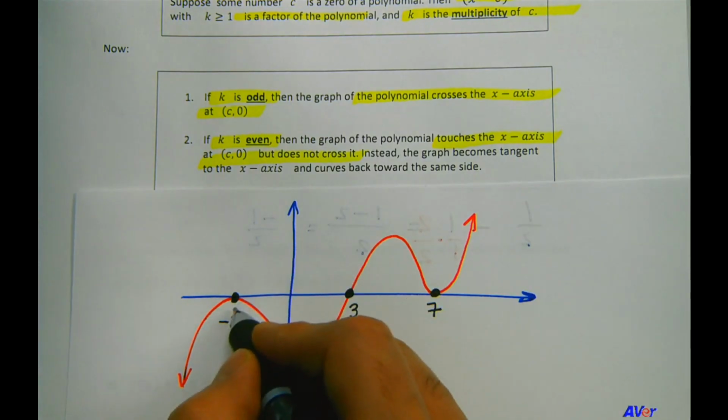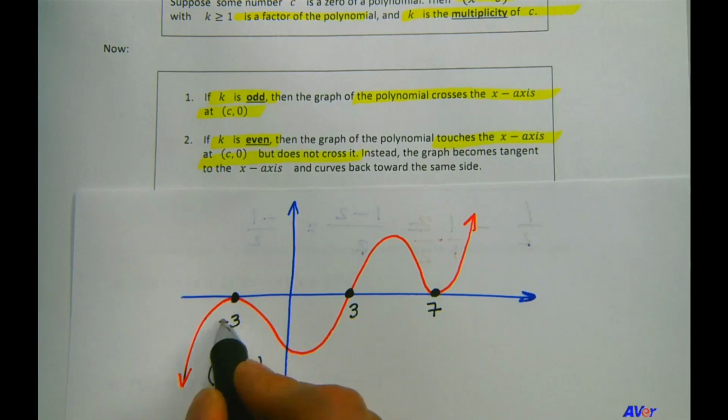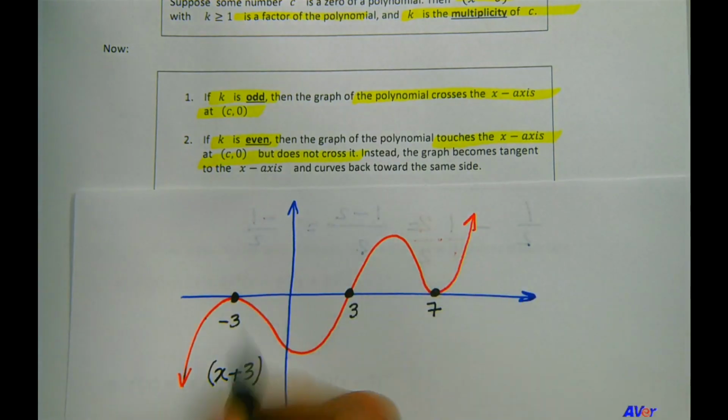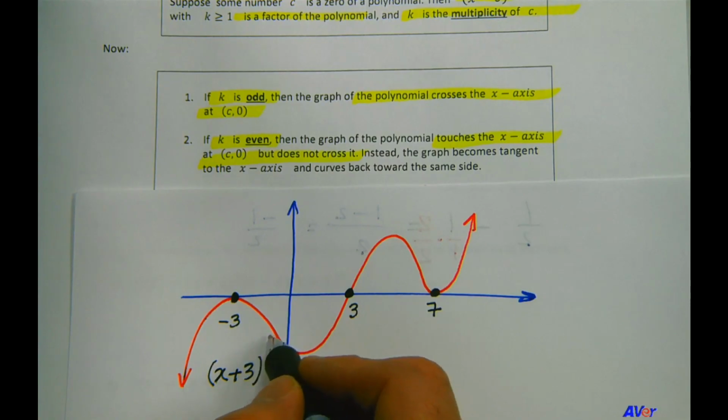So at that point, we know we have a factor x plus 3, right? Because that is the c. So x minus minus 3, x plus 3. Whatever this polynomial is, x plus 3 is a factor of it. But we can also tell that the power of this factor must have been even.